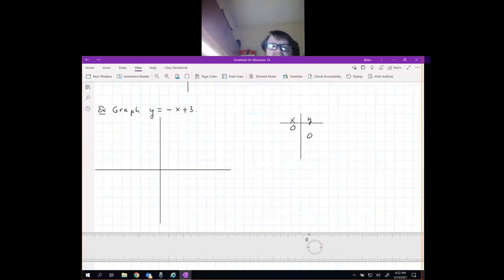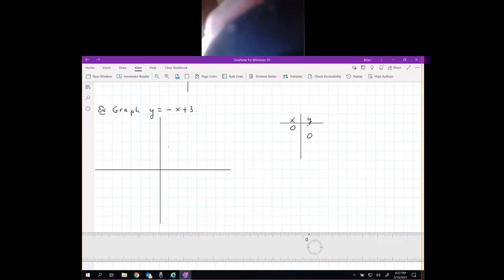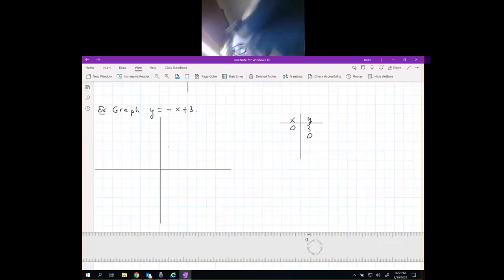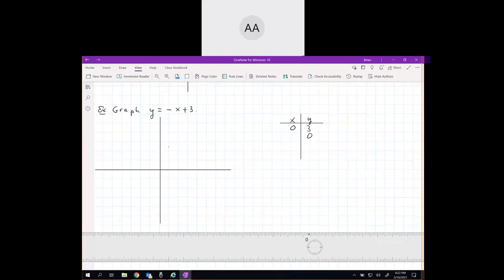In this particular one, you should have been able to graph using the intercepts. You should have been able to plug in x equals 0. And I think when you plug in x equals 0, you get y is equal to 3. Yeah. And then when y is equal to 0, x is equal to 3.